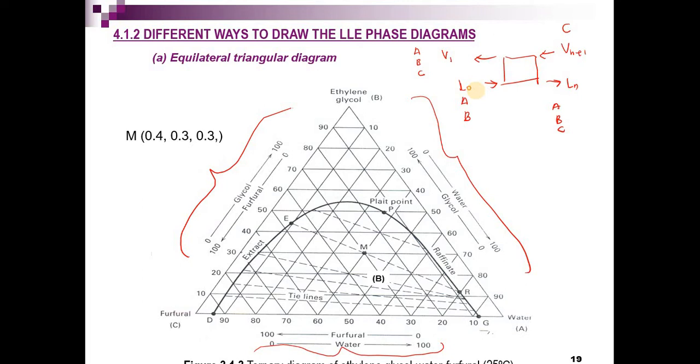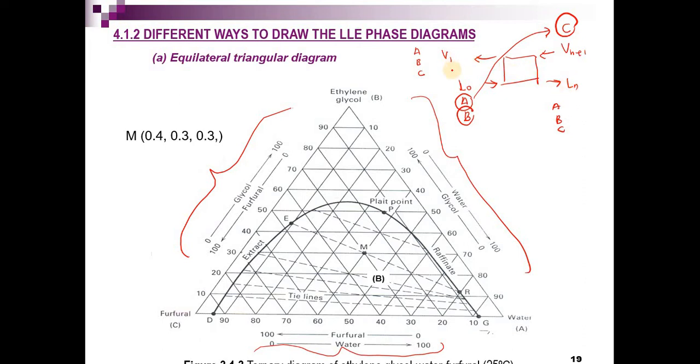So I will present the 3 components in the equilateral triangular diagram. Let's say I have component A and B, I want to separate A from B, and I will use C as a solvent. So A will dissolve into C, and B will be left as a residual.